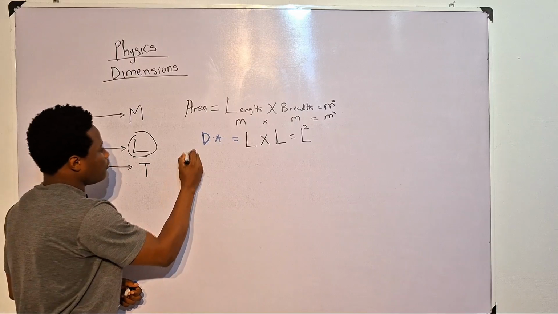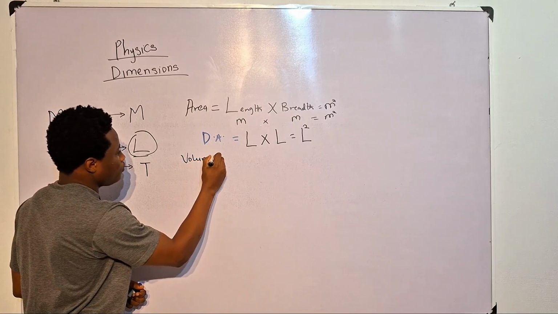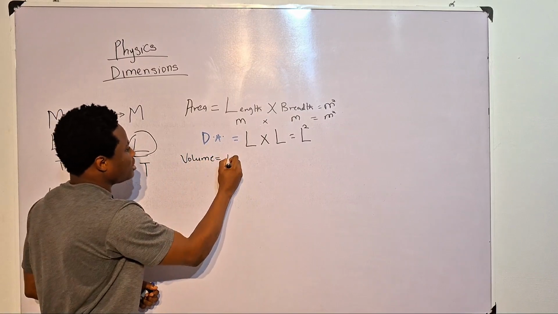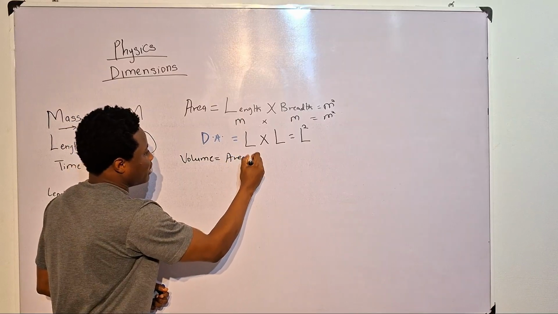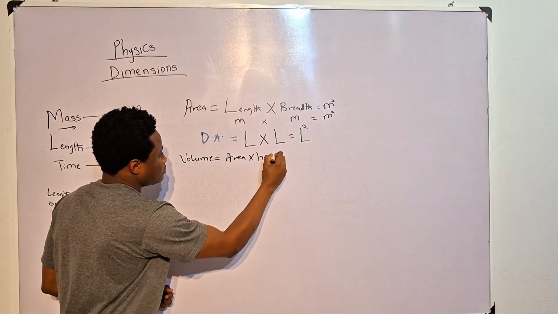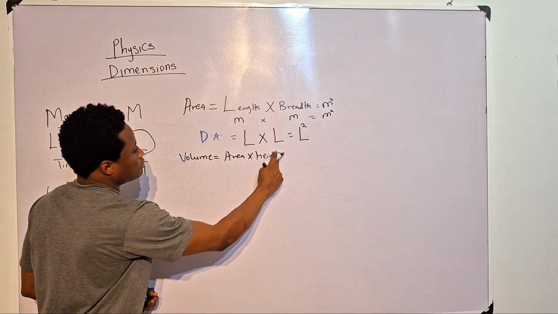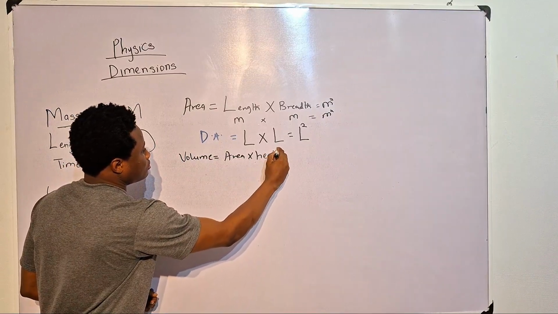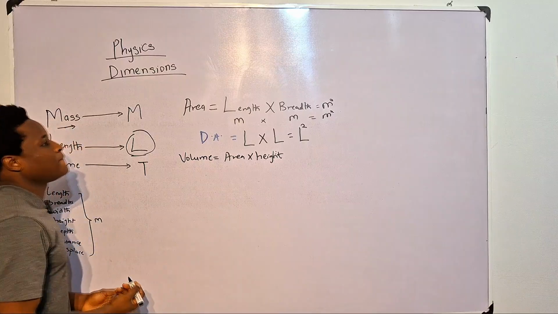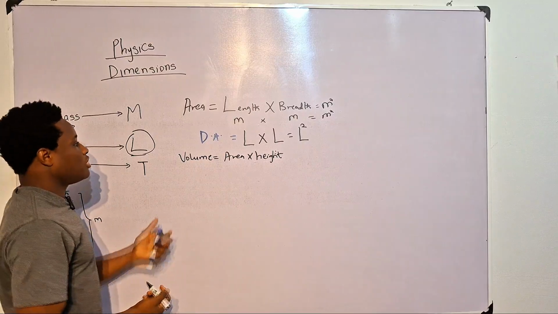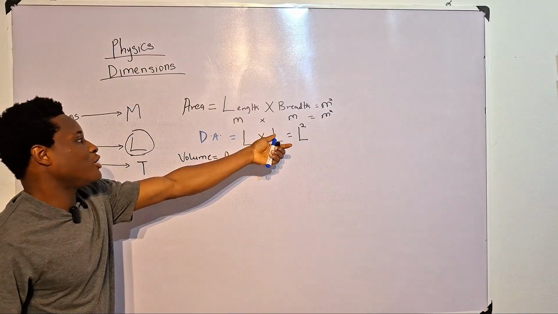Let's do volume. For volume, we do the same thing. Volume is area times height. And from our dimensional analysis, we know that area is L squared.